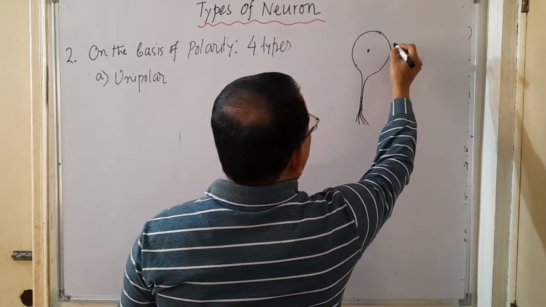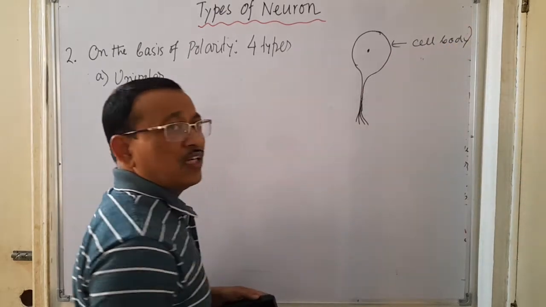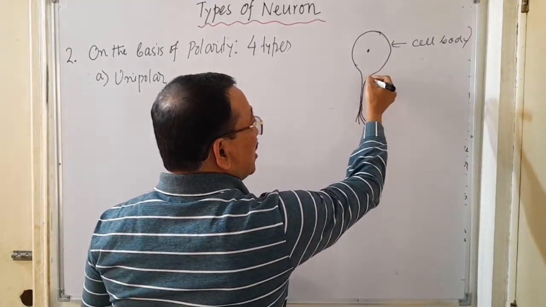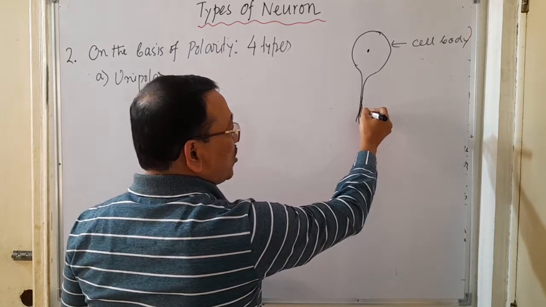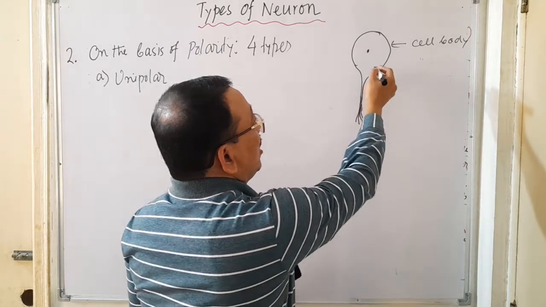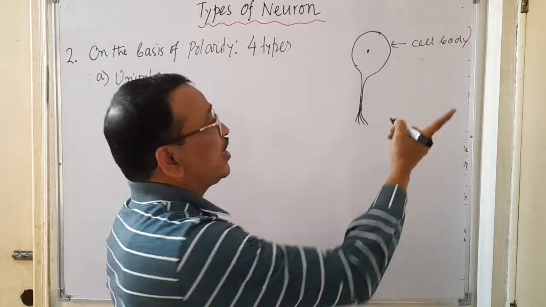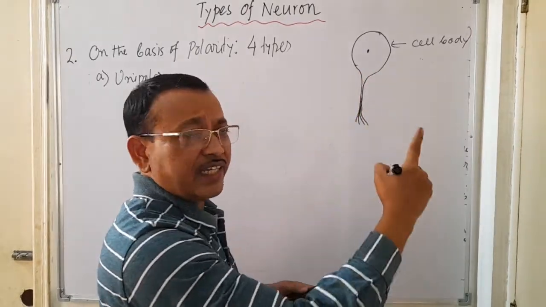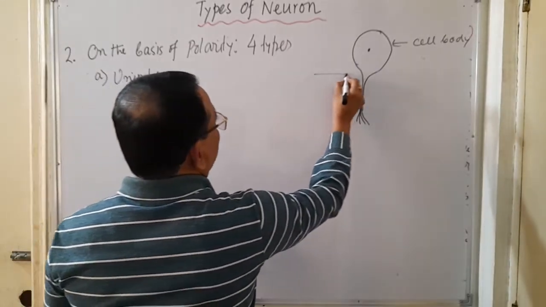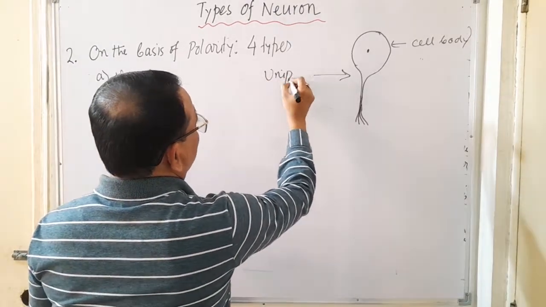So this is the cell body, and only from one part of the cell body a single process will originate, and that ultimately divides into different branches. As it has only one process originating from a single pole, single site, this is known as the unipolar neuron.